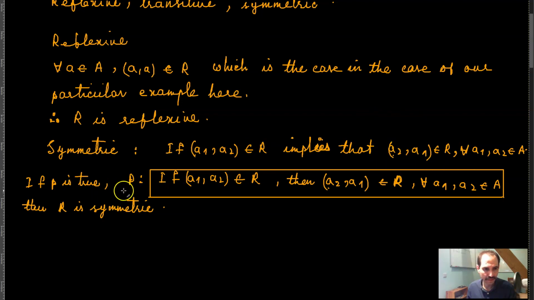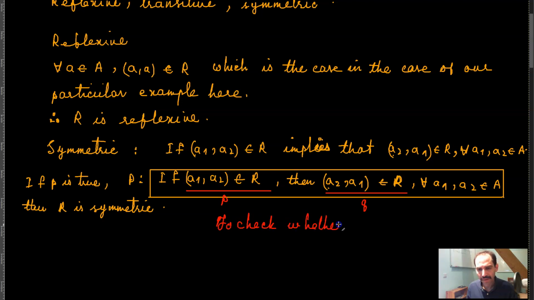Or when you say that if P is true, and P being this whole statement here, the way that you can check whether this statement is true is that you can break this statement down into, for example, P and Q, right?